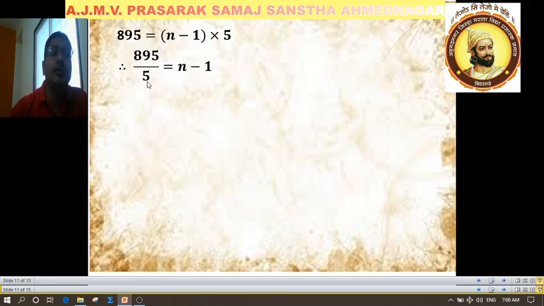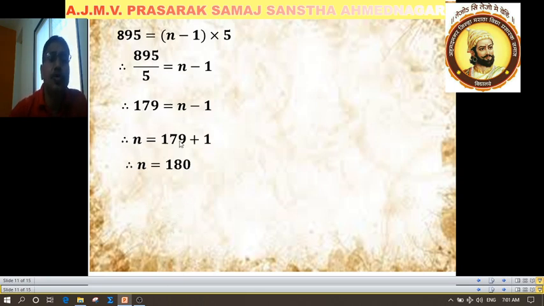Now if we divide 895 by 5, 5 ones are 5, remaining 3, taking 9 we get 39. So 5 sevens are 35, remaining 4, taking 5 we get 45. So 5 nines are 45. So we have 179 is equal to n minus 1.